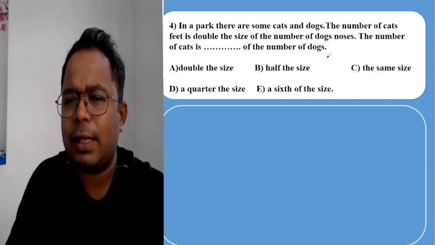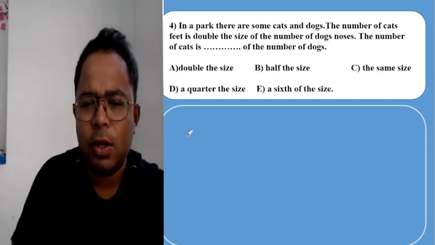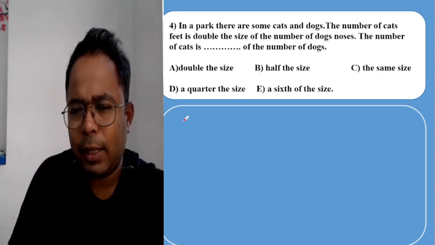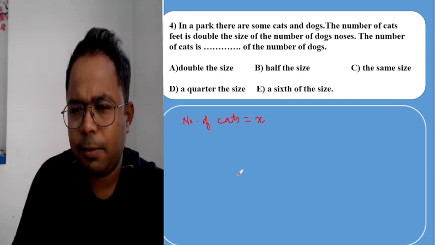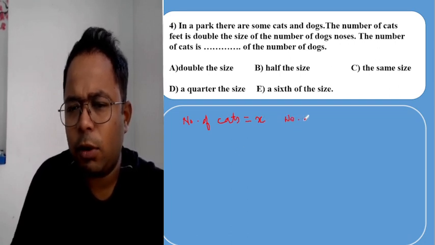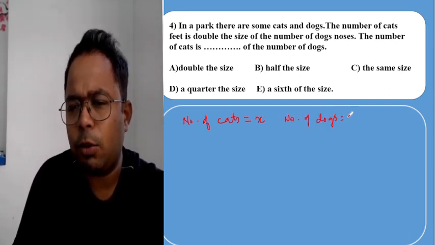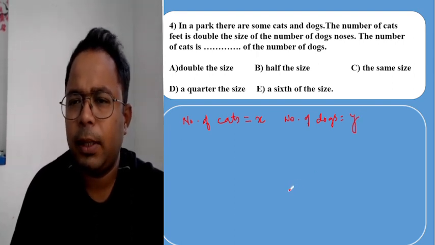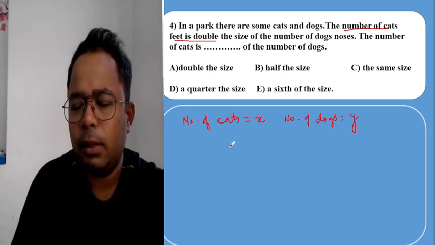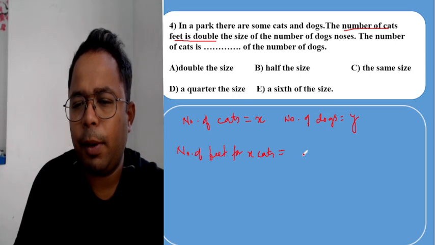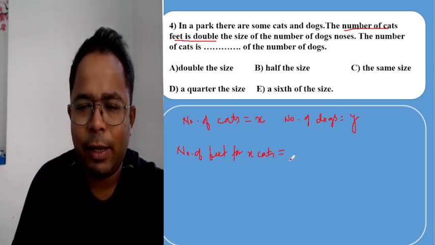Let's suppose the number of cats is X and the number of dogs is Y. The number of feet for X cats: one cat has how many?